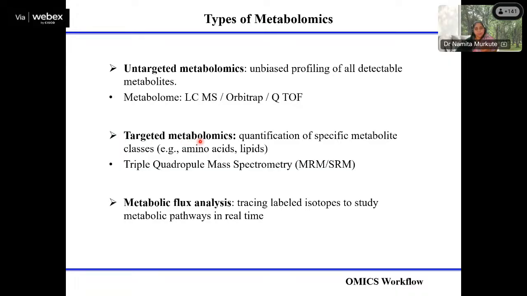Targeted metabolomics is the quantification of specific metabolite classes such as amino acids, lipids, or aldehydes, or ketones, or sugars, different sugars can be done, and this is done in triple quadrupole mass spectrometry. Only these mass specs can identify the targeted metabolites. And there is another term called metabolic flux analysis.